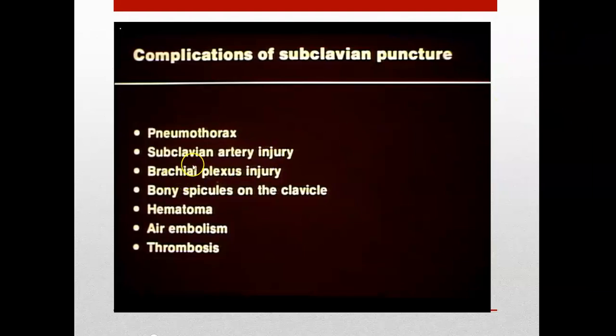So we've got pneumos, subclavian artery injury, brachial plexus injury, bony spicules on the clavicle. Spicules are just a sharp body with a needle-like point. They're just really pokey. Hematomas, air embolisms, or thrombosis. I do want to point out that the spicules can cause injury to the clavicle.